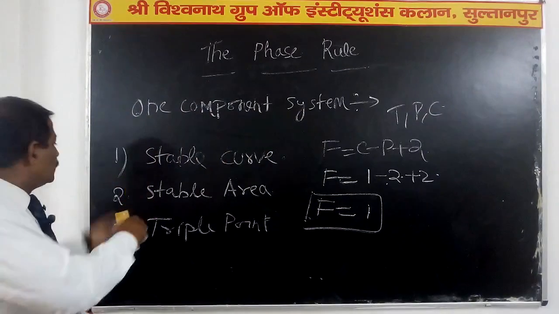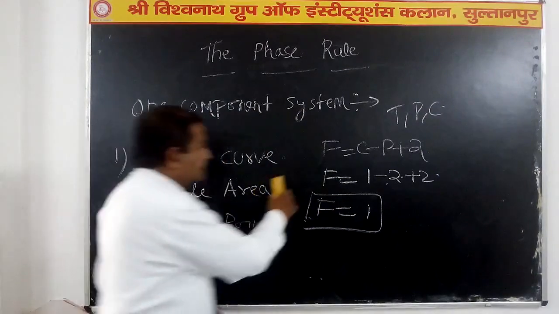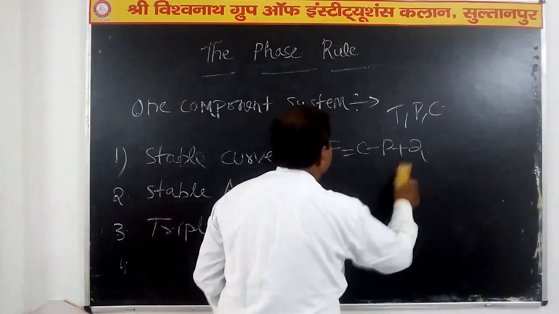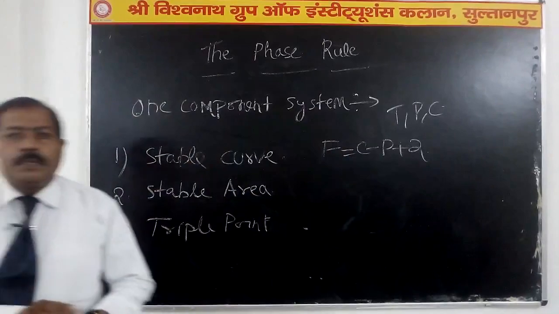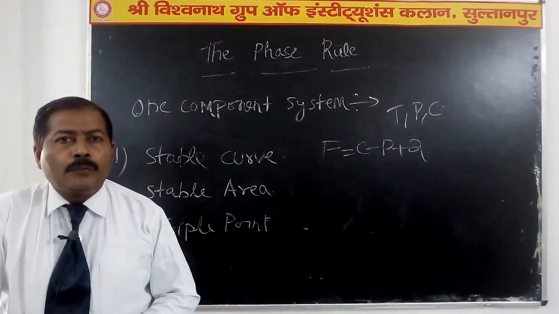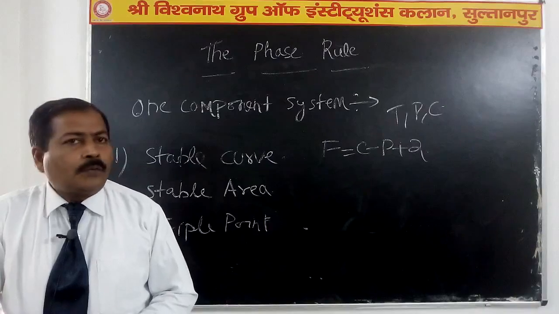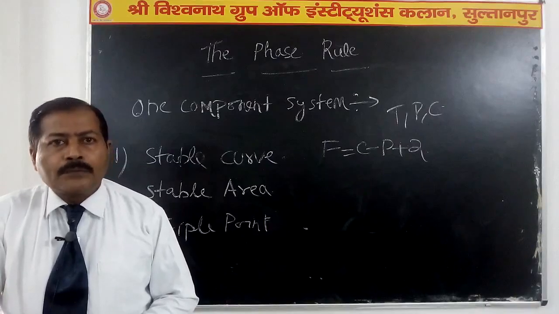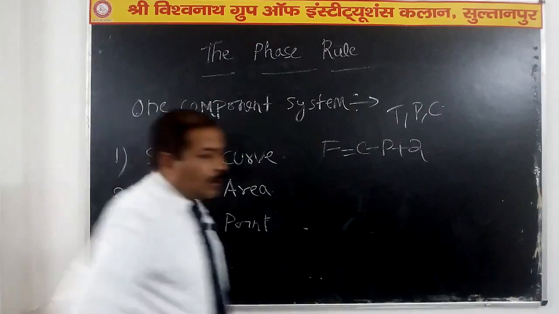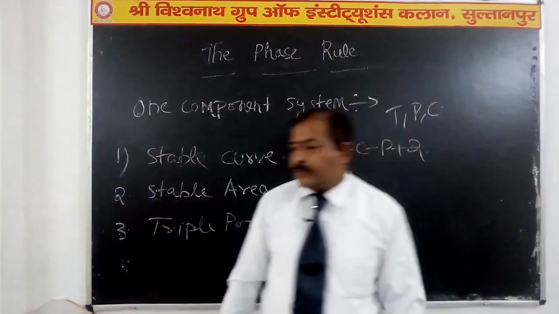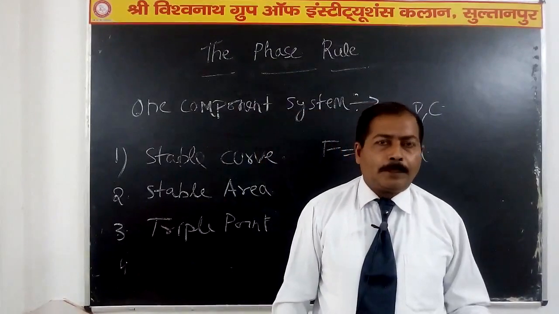Now let us discuss the second important feature, that is the stable area. Along the stable area of a one component system, the total number of phases is always equal to 1. It means that along the stable area, the phase would be solid, or liquid, or the vapor phase.